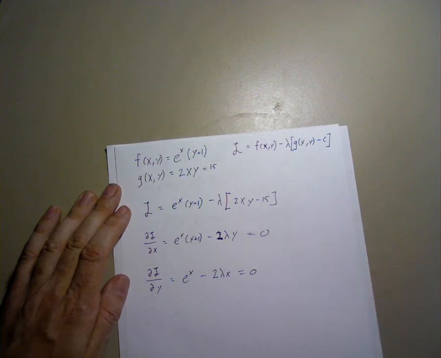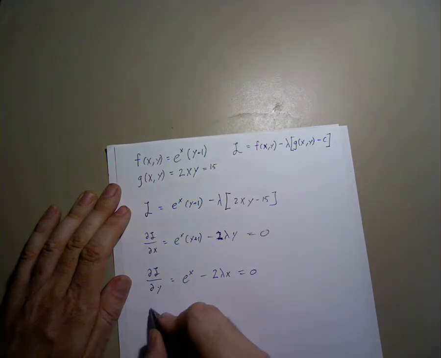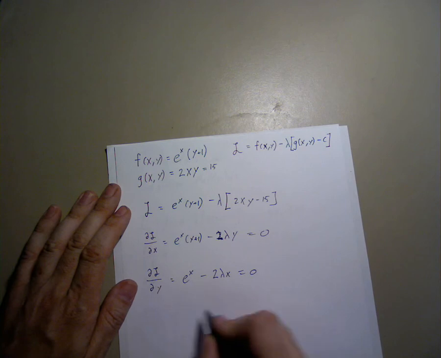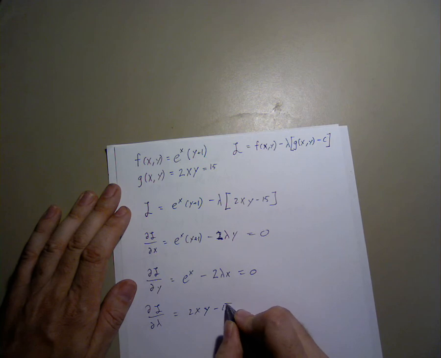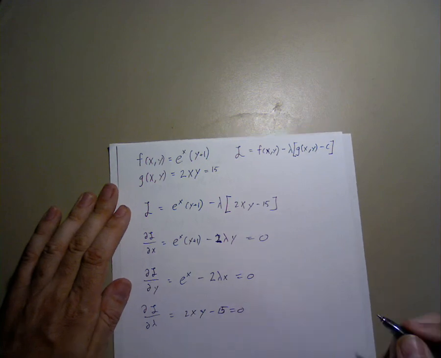Next, to solve this, we can include the constraint. The next derivative with respect to lambda gives us the constraint 2xy minus 15 equals 0.